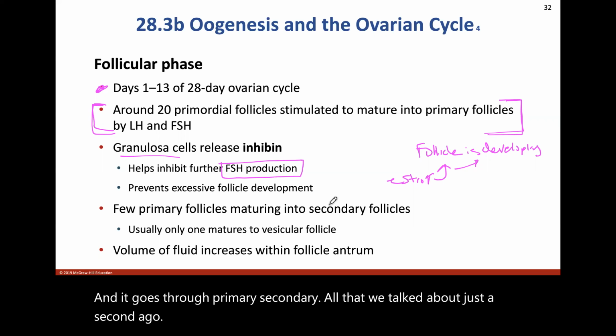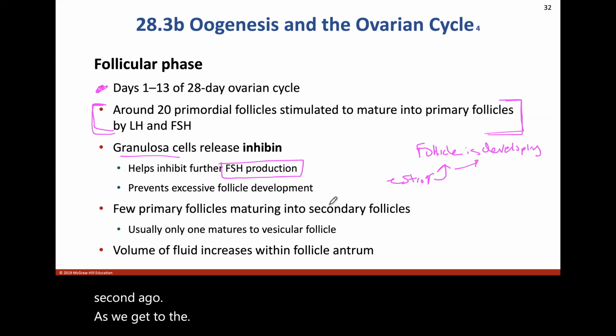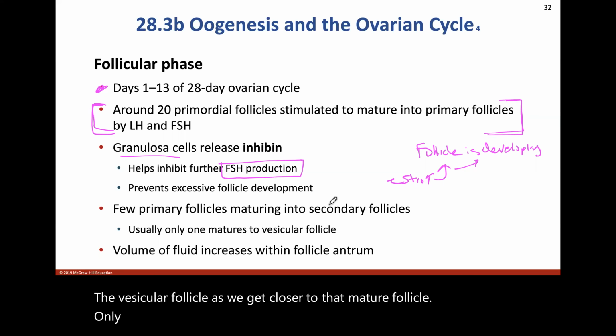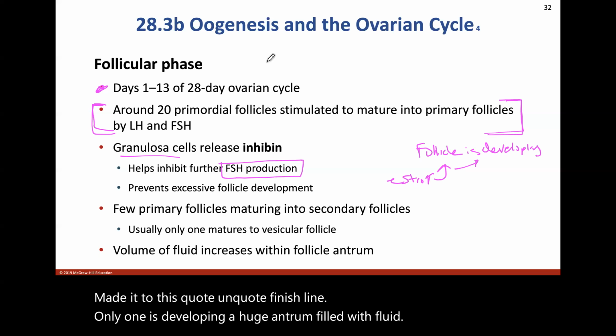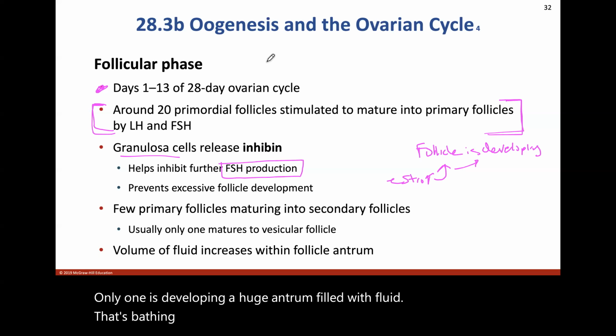As we get to the vesicular follicle, as we get closer to that mature follicle, only one of those 20 that started has made it to this quote unquote finish line. Only one is developing a huge antrum filled with fluid that's bathing this developing follicle with estrogens.